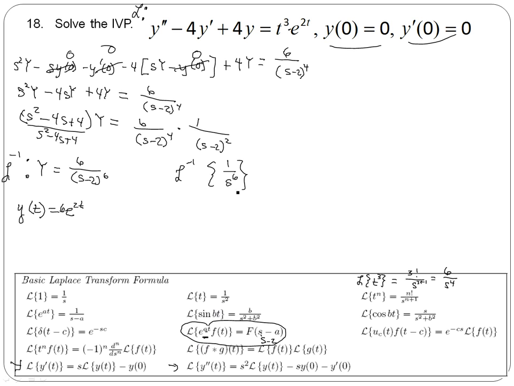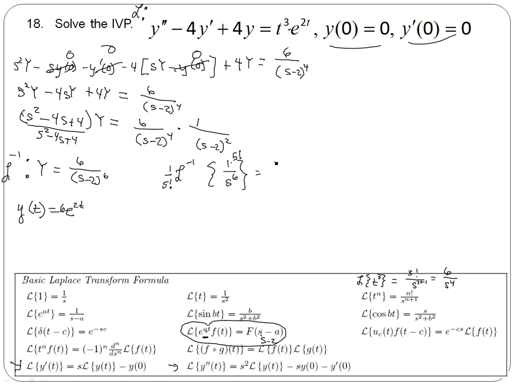The inverse transform of 1 over s to the 6th, that's the same formula where n is 5, so I need a 5 factorial up here. This means I need to divide by 5 factorial.